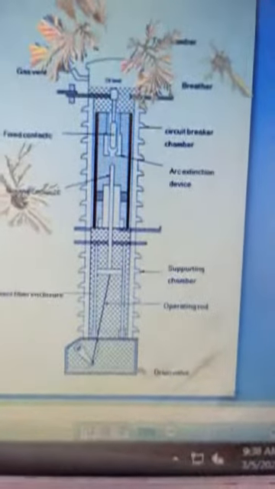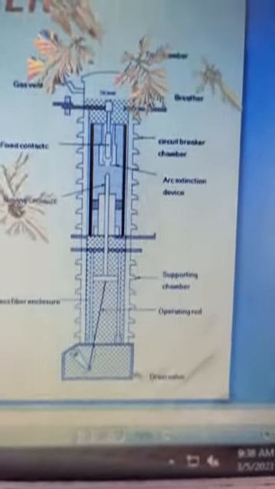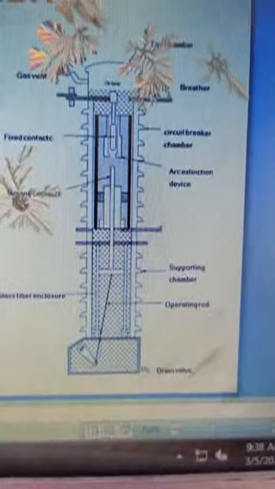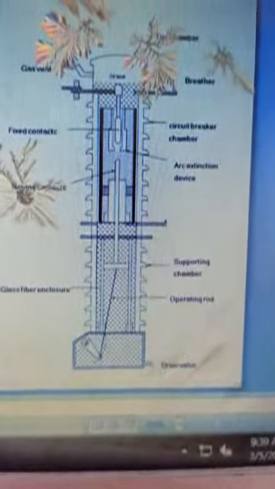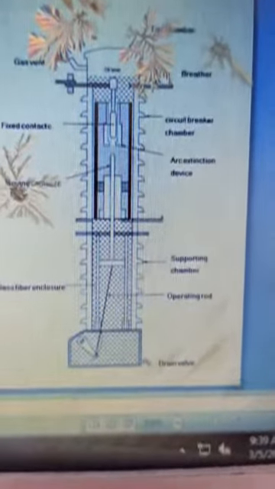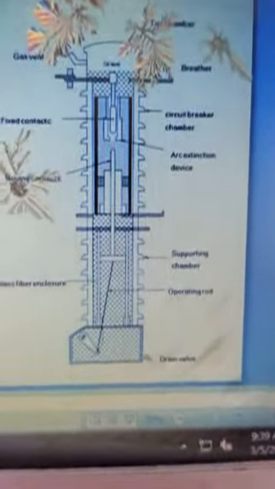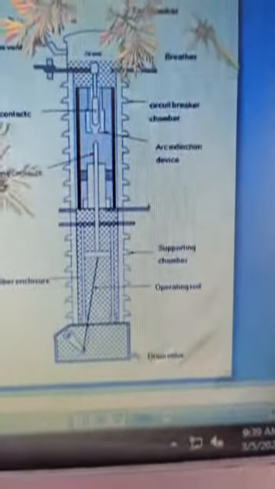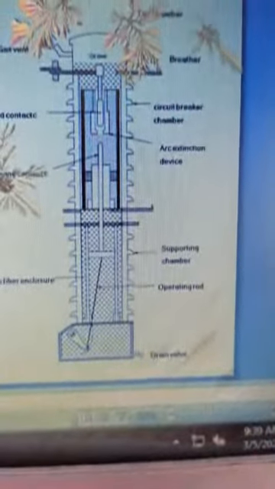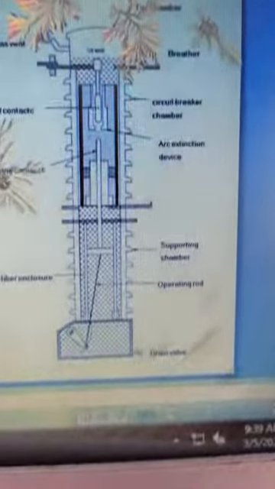So what is the principle of arc extinction in the oil circuit breaker? As you know, current carrying contacts are separated under oil. The heat of the arc causes decomposition of the oil. Gases formed due to decomposition expand, causing increasing pressure.